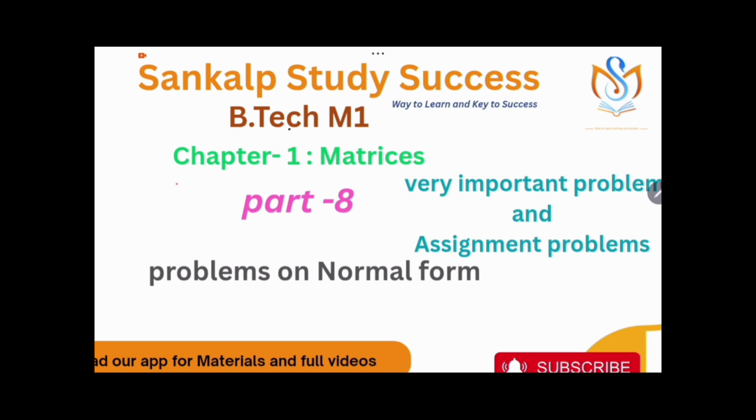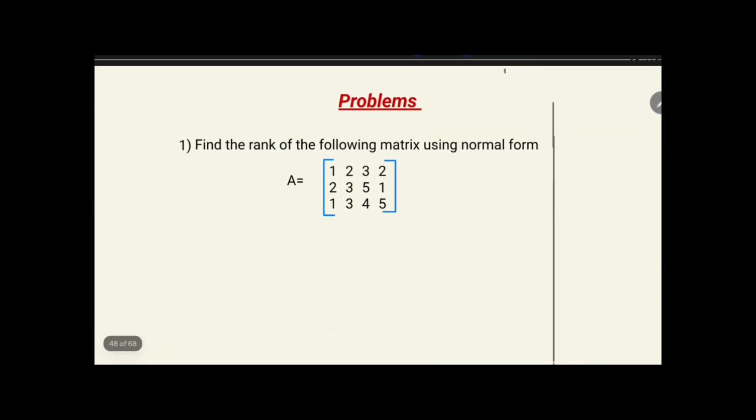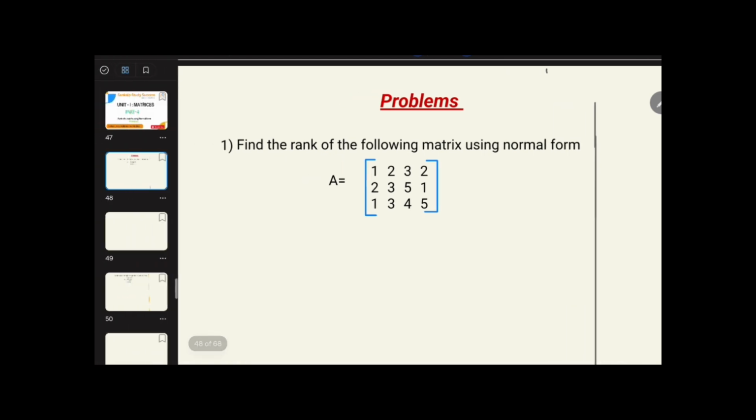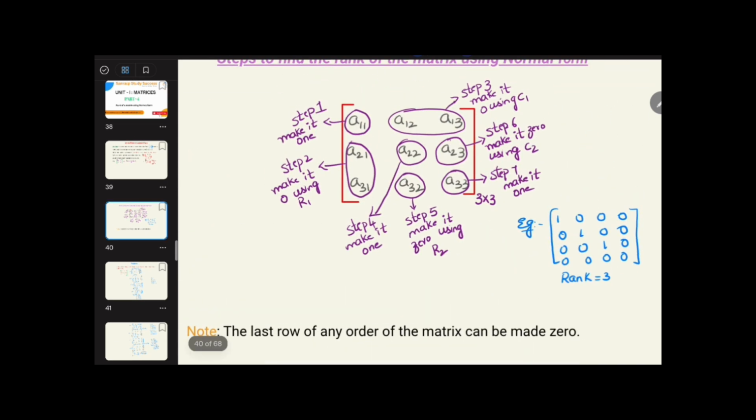Let's start the class. But before that, let me revise the steps that are used to find the rank of a matrix using normal form. The first step is to make the A11 element 1.